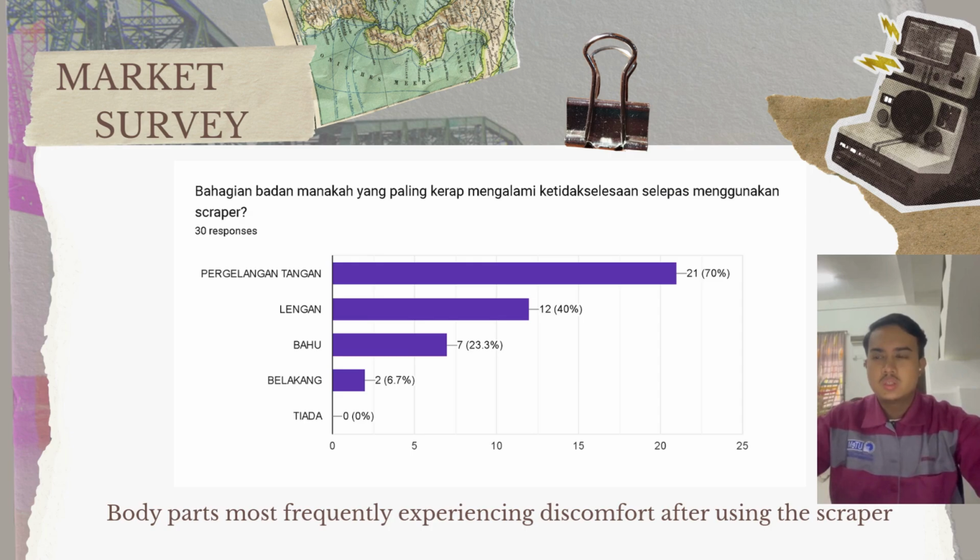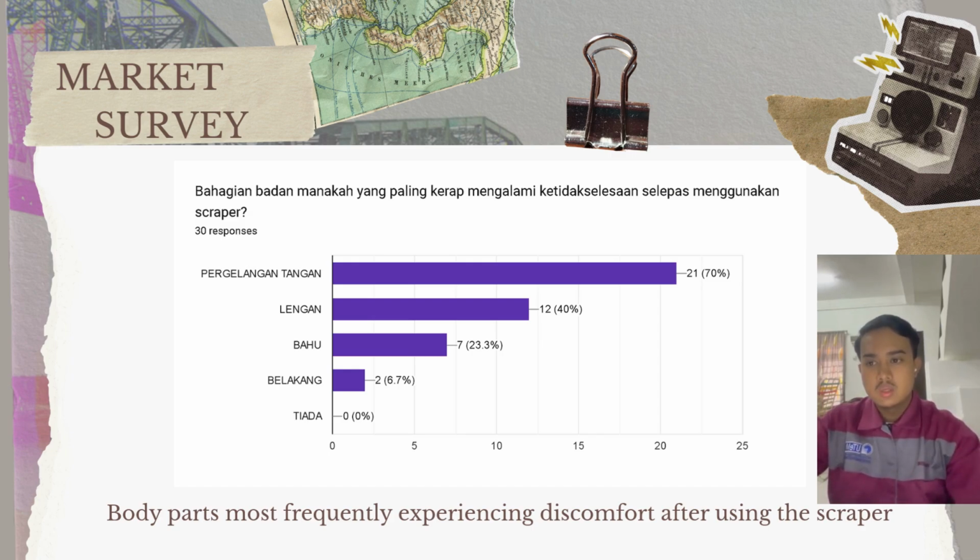Okay, for the body part most frequently experiencing discomfort after using the scraper. Based on the bar chart, the wrist is the body part most frequently reported to experience discomfort after using the scraper, with 70% indicating discomfort in this area. This is followed by the arm, reported by 40%, and the shoulder, reported by 23.3%.